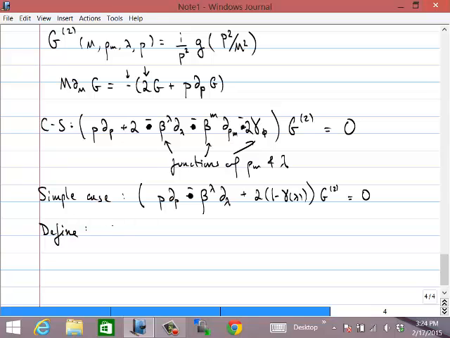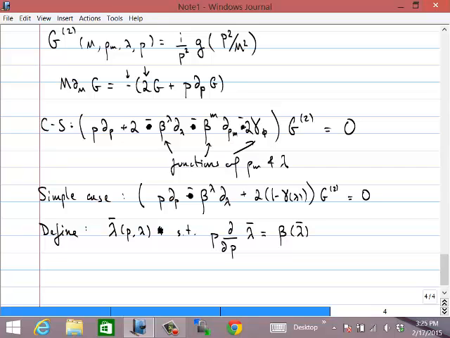So let's define a new effective coupling lambda bar that's a function of p and lambda, which has the property that p d by dp of lambda bar is equal to beta of lambda bar. So that's just the beta function.